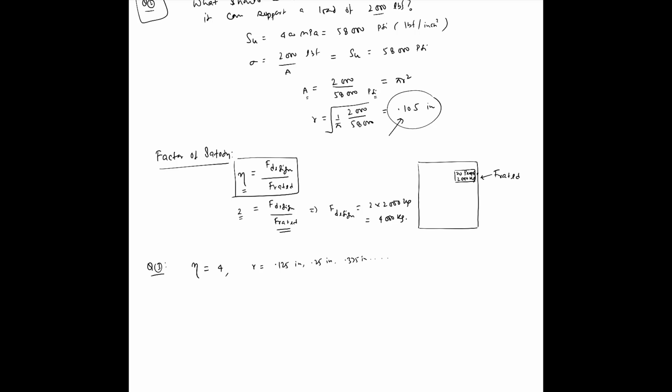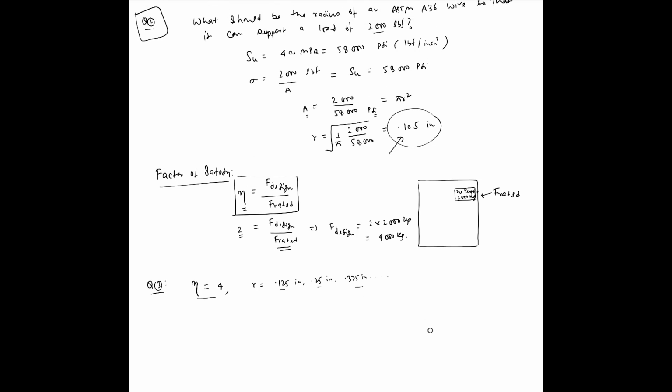Remember, here we computed 0.105. Now, we're looking at the numbers above them, okay? And we have to pick from one of these standard sizes while keeping the factor of safety as 4. So the first thing you will do is you will use this formula to find what your design load is, okay? So this 2000 pound force over here now becomes your rated load. It's not the design load. So what is the design load now?